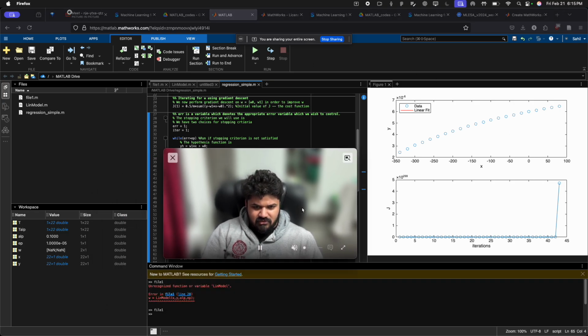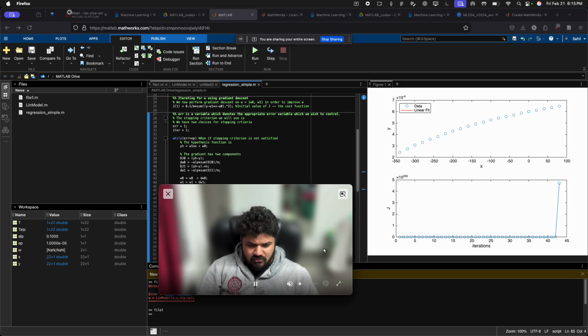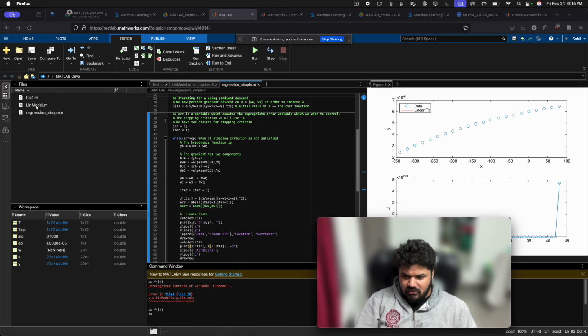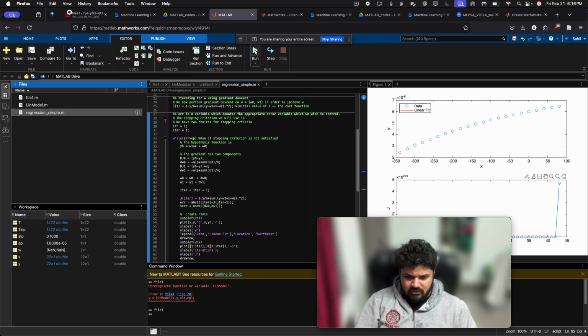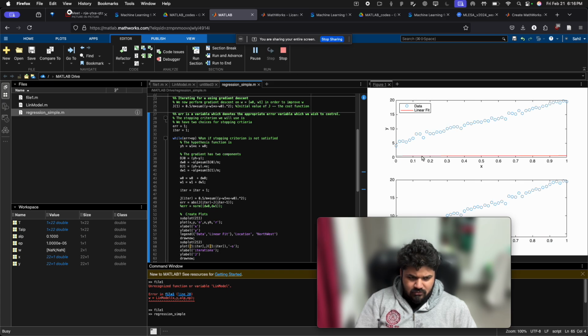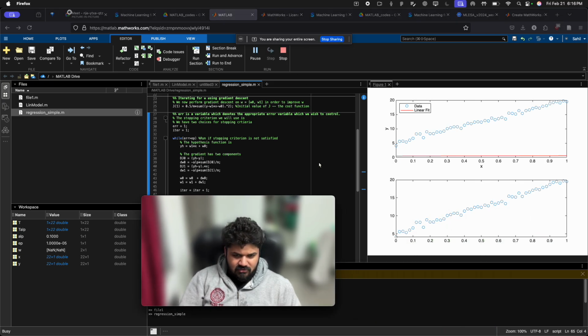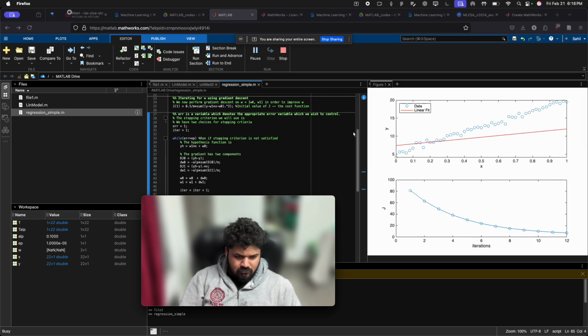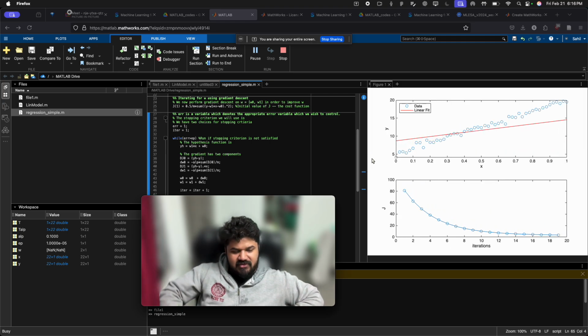Am I audible? Let me run the regression simple file, okay? Yeah, this is something. See, now this data is interesting, and see the line fit.